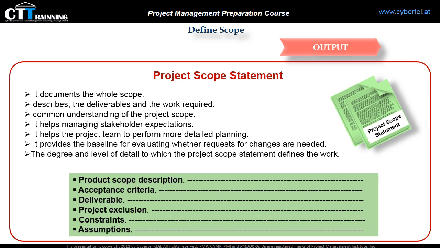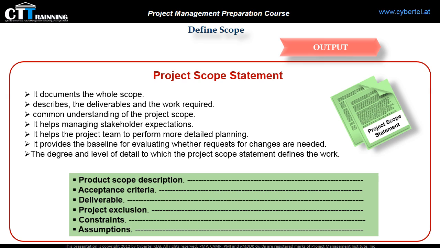Acceptance criteria: the conditions that are required to be met to get acceptance for the deliverables. Deliverable: the unique product, service, or result to be produced at the end of the project or phase. Keep in mind, you may get a deliverable at the end of a process or phase, and that is also called a milestone.